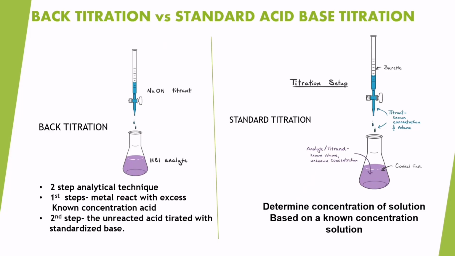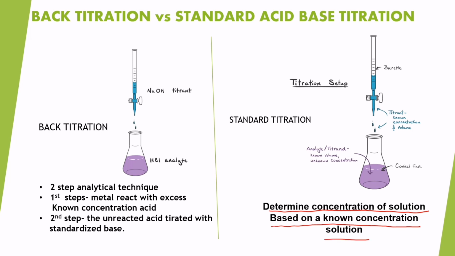First, we want to know the difference between back titration and regular, or standard, acid-base titration. Regular titration means that we want to determine the concentration of a solution based on a known concentration of solution.